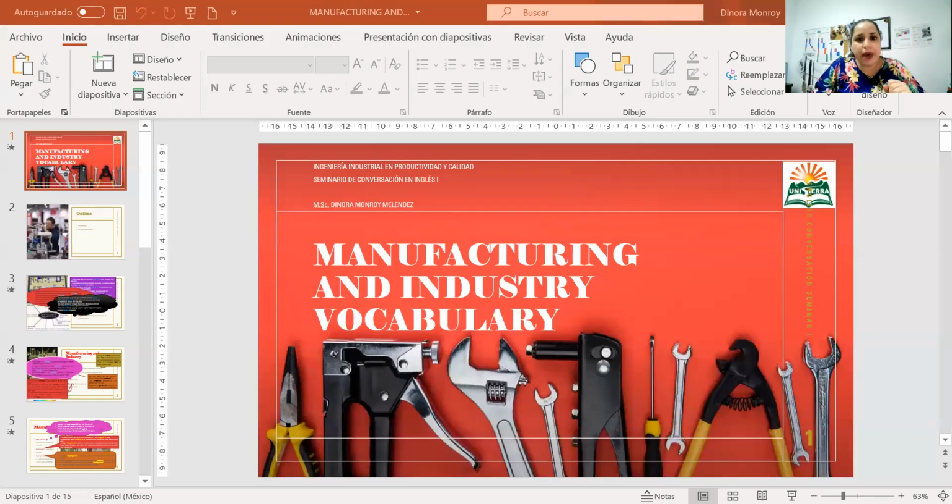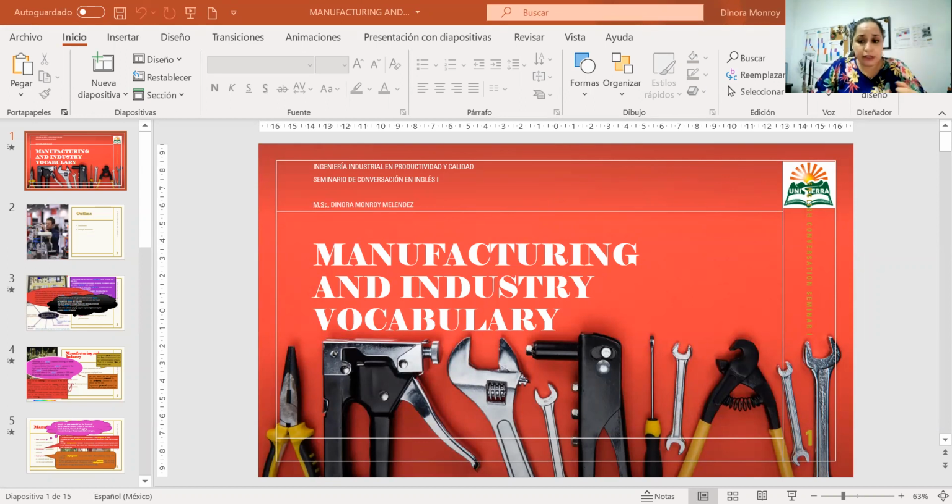You have to have a complete sentence when you want to speak and when you want to give the idea about a certain topic that you are referring to. So with that said, we're going to cover vocabulary today, specifically the manufacturing and simple, very common industry vocabulary.